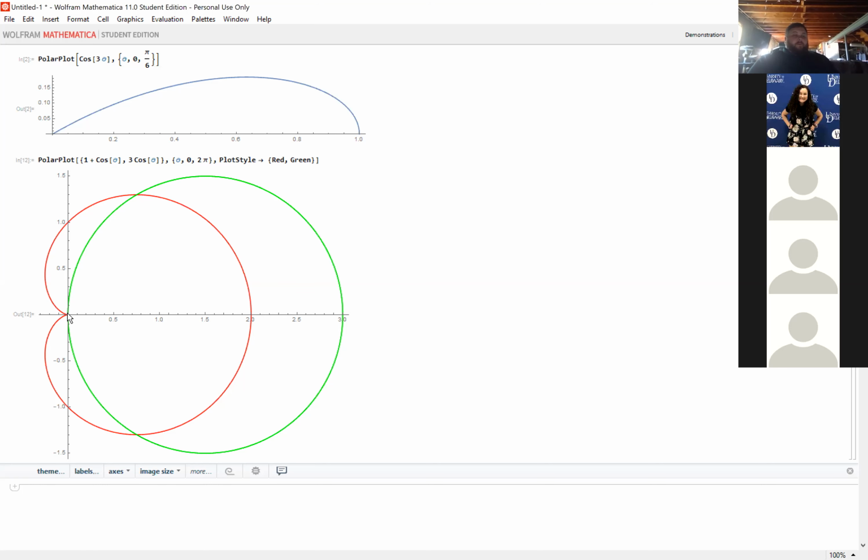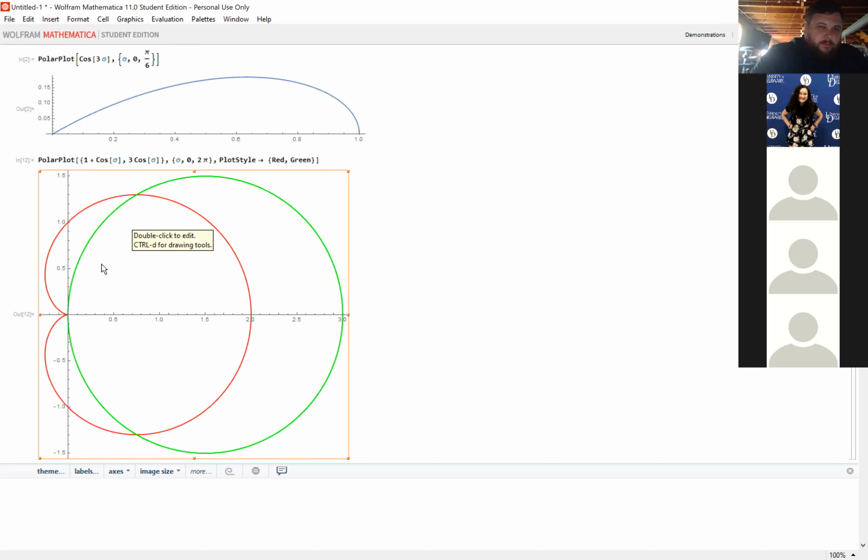And I want to know this point of intersection and this point of intersection. Now, this one does fall, as I said, along one of those lines.